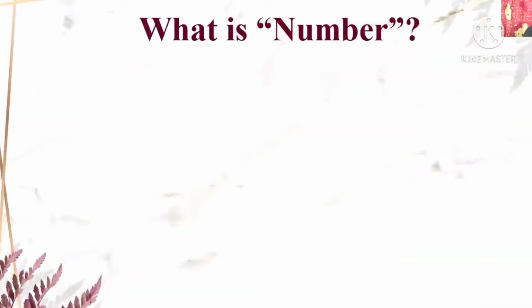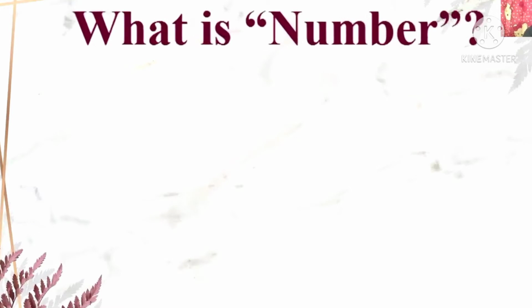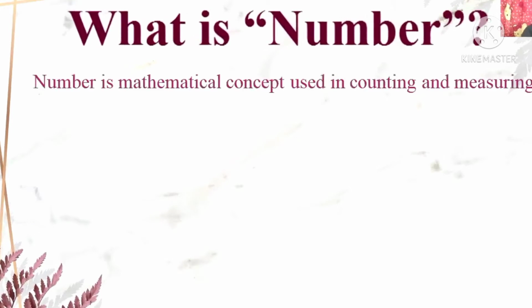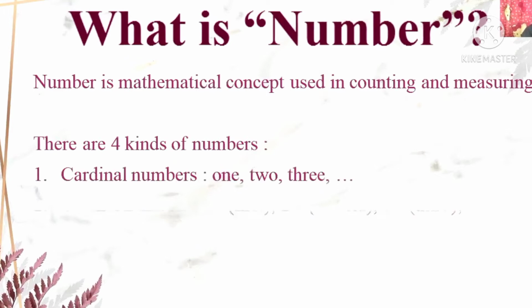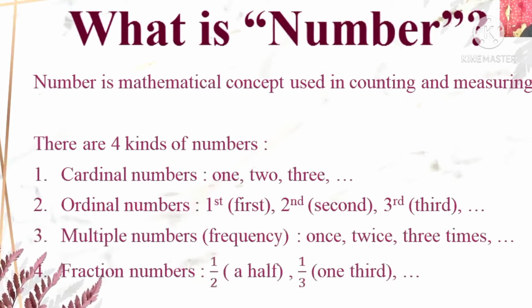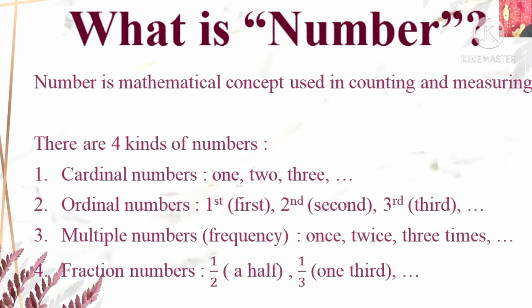What is number? Number is a mathematical concept used in counting and measuring. There are 4 kinds of numbers. The first, cardinal numbers.